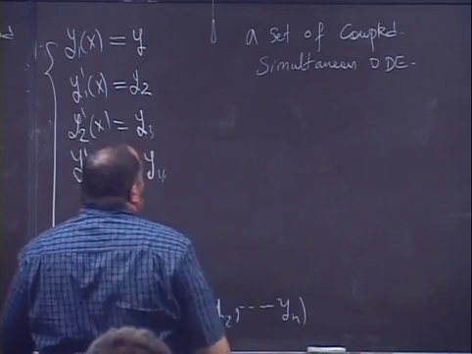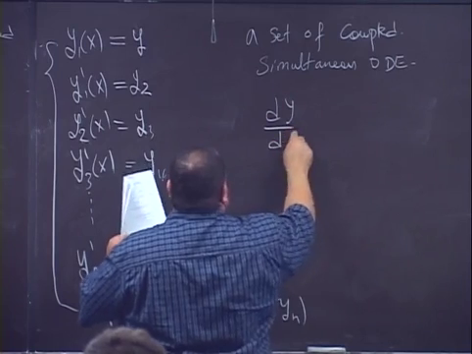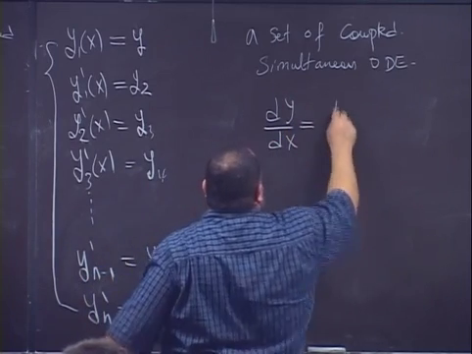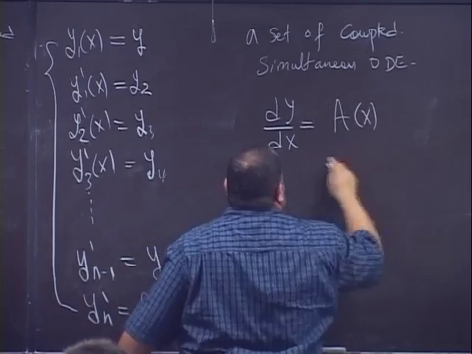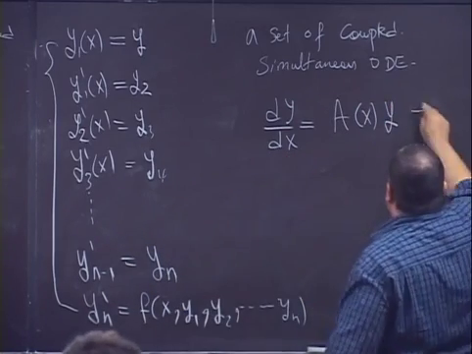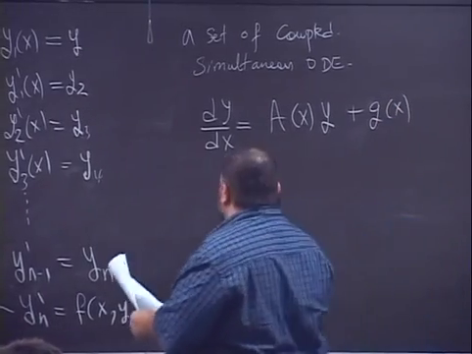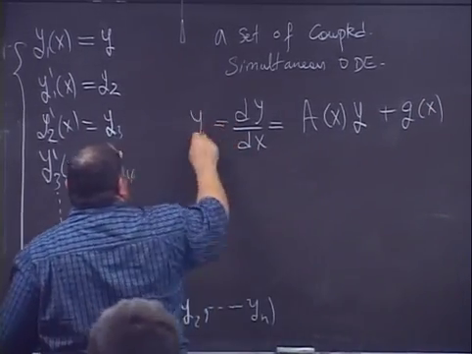We can write those ODEs as dy by dx is some matrix A of x operated over y plus g of x. So this is just y prime.